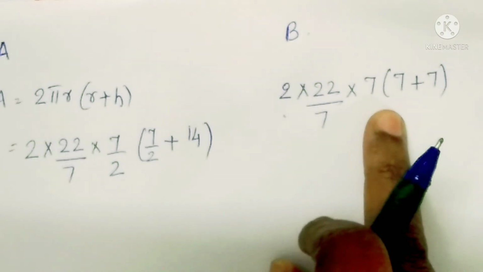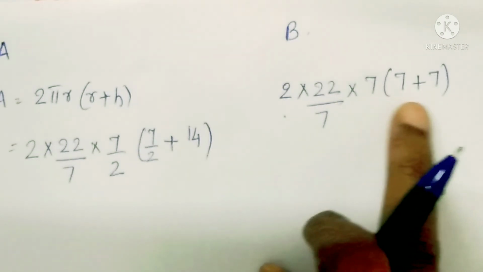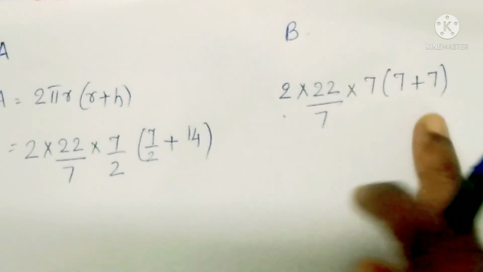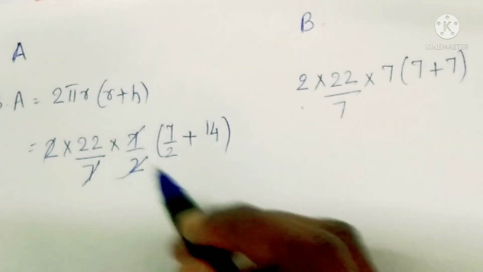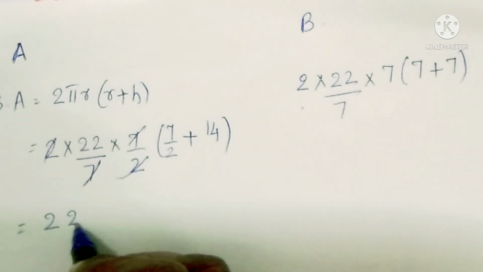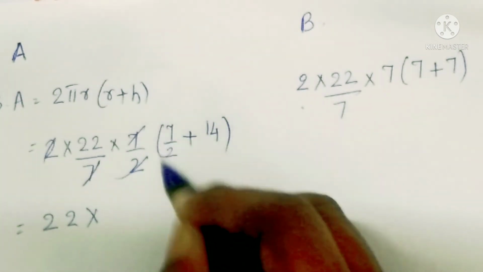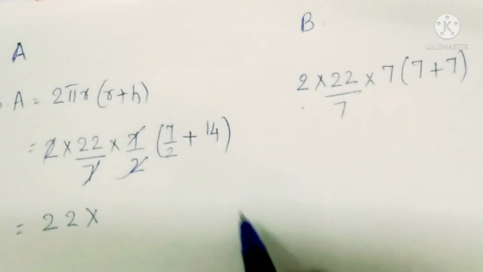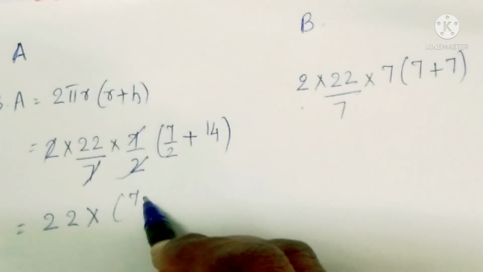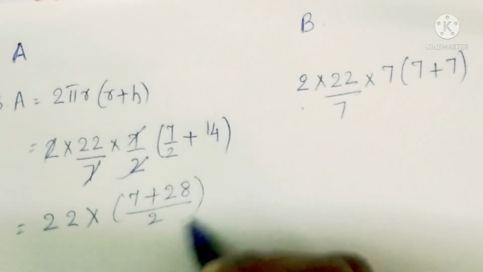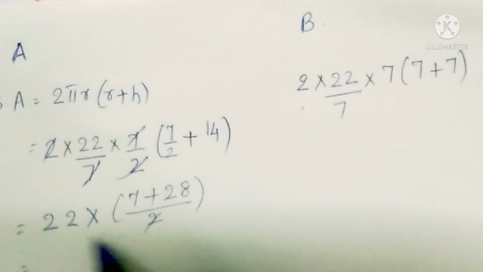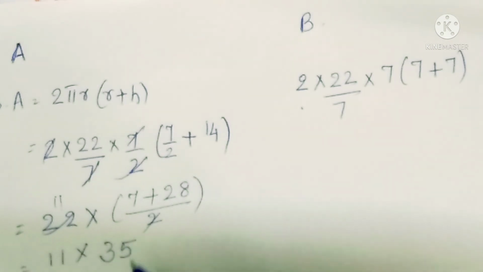Here r is 7 and h is also 7. So when you do, 7 gets cancelled and 2 gets cancelled. So you get 22 into, when you find the LCM, 7 plus 14 2s are 28 upon 2, that is, 2 gets cancelled, 11 into 7 plus 28, 35.